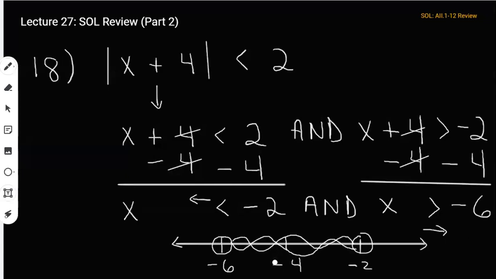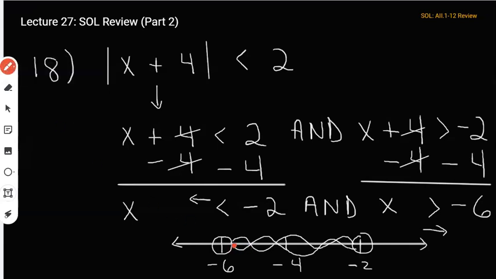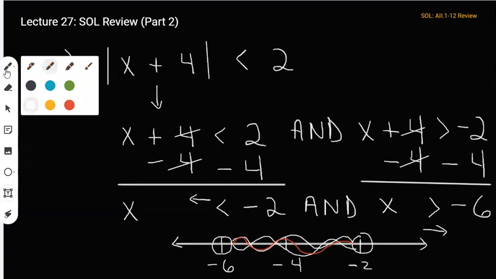So we're really shading between negative 6 and negative 2. And whatever is inside this shaded region is going to be my answer. It's a double shaded region. So I'm going to change my color to red, and I'm going to shade in between the negative 6 and the negative 2. So basically this red region right here contains all your answers.